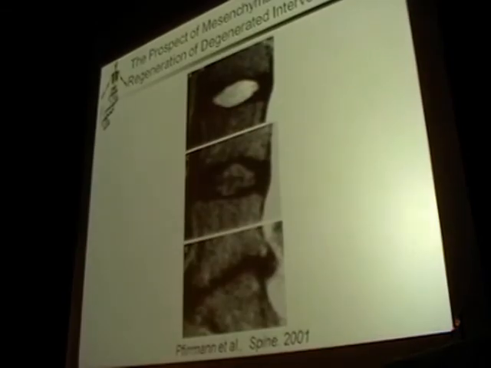Here you can see using MRI that the degeneration of the disc first starts with damage to the annulus fibrosus tissue, and this is followed by either the herniation or the depletion of the nucleus pulposus tissue, which later causes direct contact of the two vertebrae.